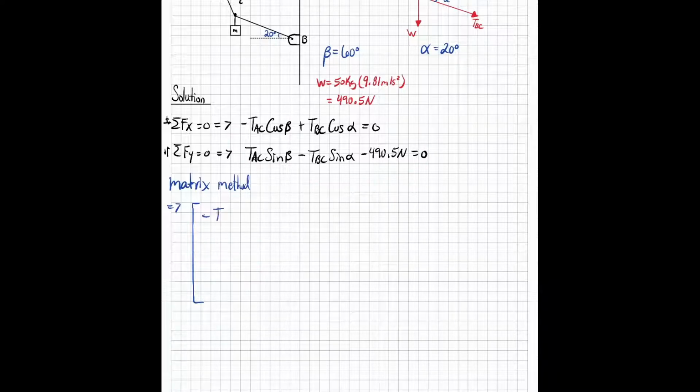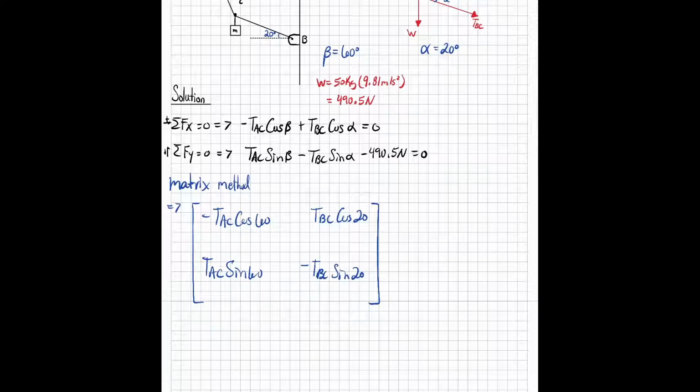So this would be negative TAC cosine of 60 and tension BC cosine of 20. We'll end the bracket. And we have a positive tension AC sine of 60 and negative TBC sine of 20.